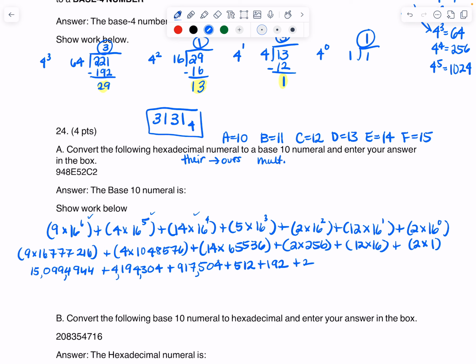So I'm doing 2 plus 192 plus 512 plus 917,504 plus 4,194,304 plus 150,994,944.